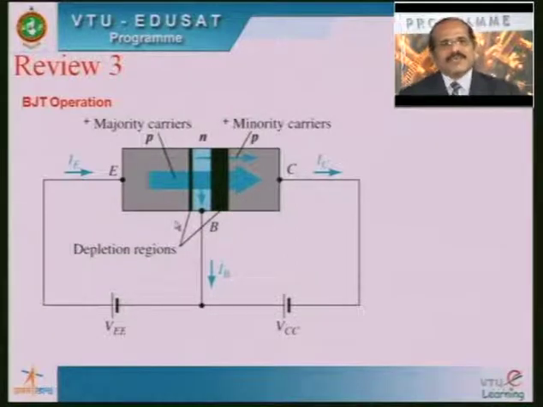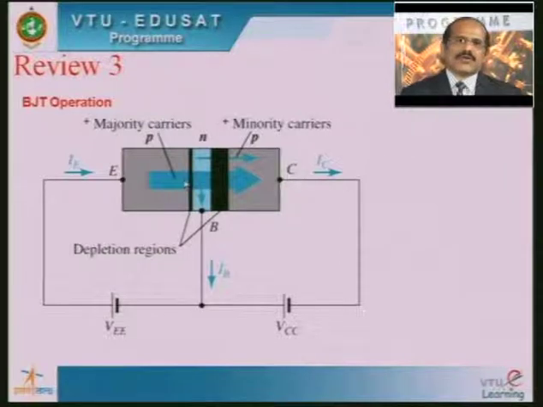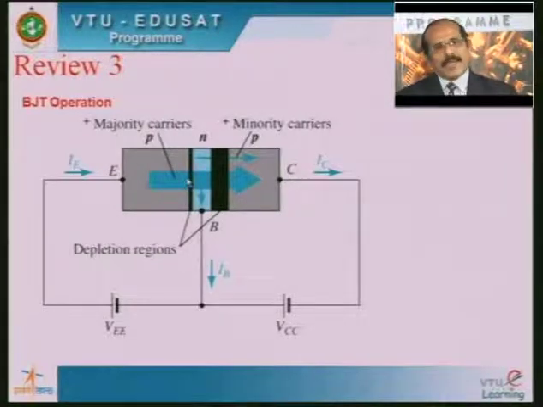As you noted in the semiconductor junction theory, whenever a junction is either forward biased or reverse biased, a depletion region exists across it. The emitter base junction is forward biased and the collector base junction is reverse biased. Usually the thickness of the depletion layer across the collector base junction is more than that across the emitter base junction.